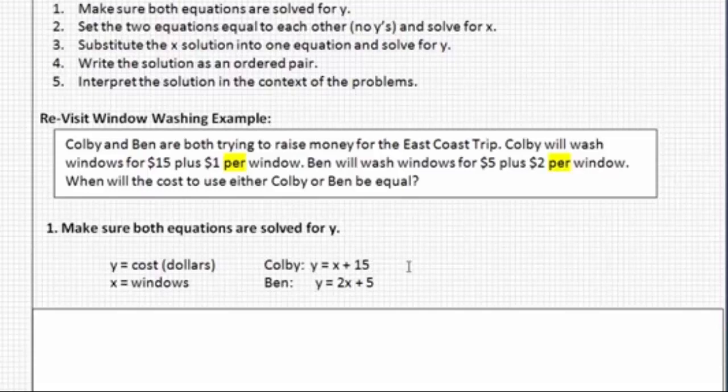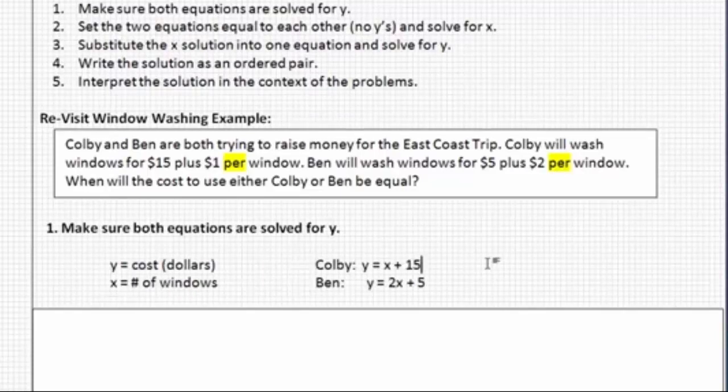I've left off the dollar signs and the 1 because we don't really use that very often as a coefficient. And for Ben, the equation is y equals 2x, $2 per window, plus the $5. We always want to make sure we know what our variables mean. So y is our cost to hire them in dollars, and x is the number of windows.